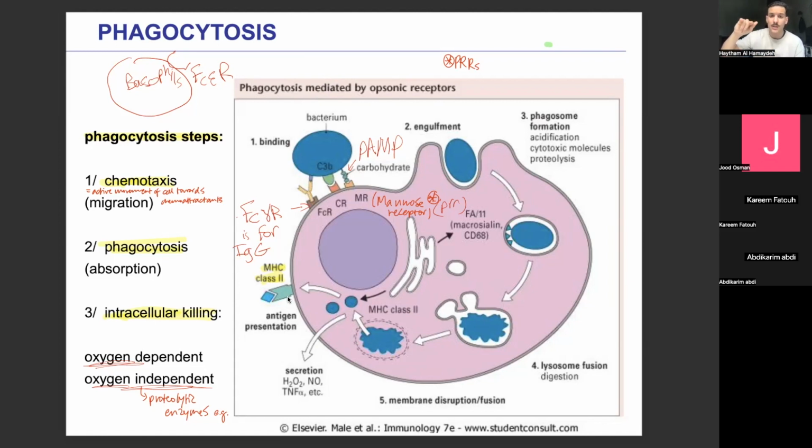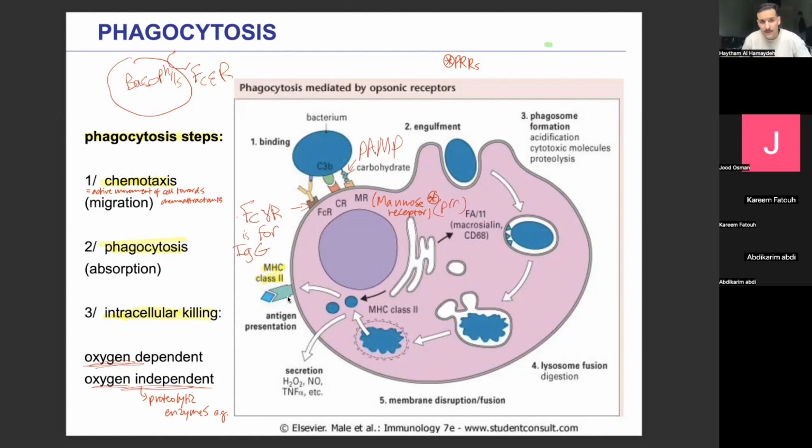Now it binds together and fuses with a lysosome, and a lysosome has all of those enzymes in it, yes? So it breaks down the bacteria. Once it's broken down into fragments, the phagosome lyses and releases those fragments. Some of those fragments are presented on an MHC2 for antigen presenting purposes.